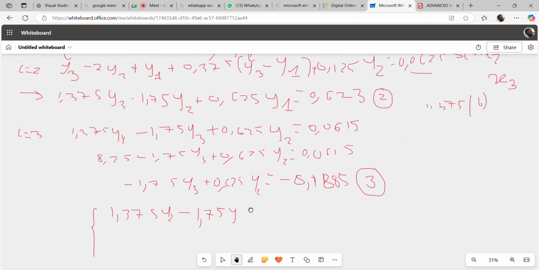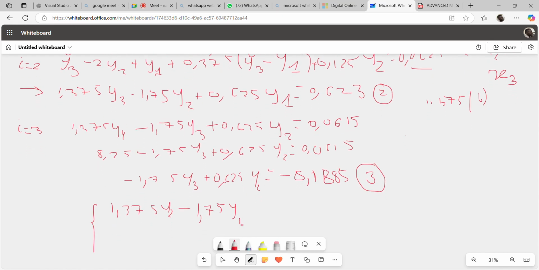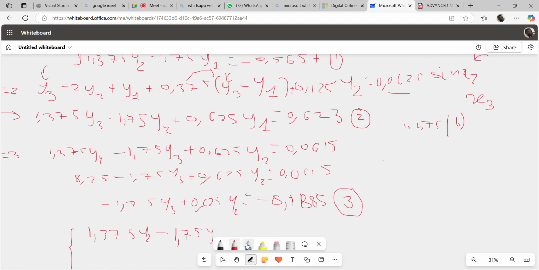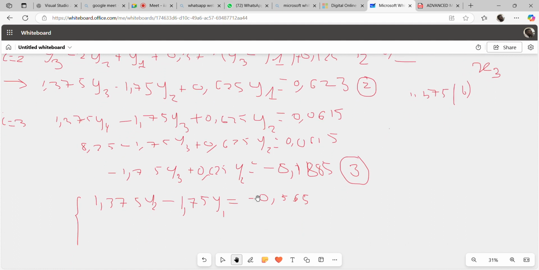Ooh, this thing is moving. What is the answer? To be equal to minus 0,5657. Now you recall your equation 2.